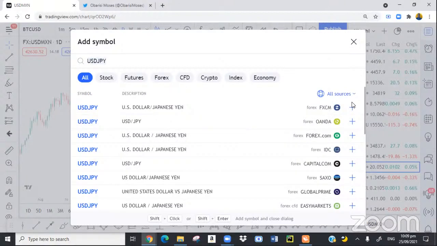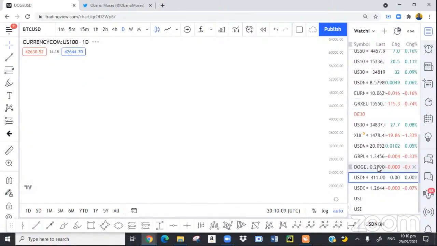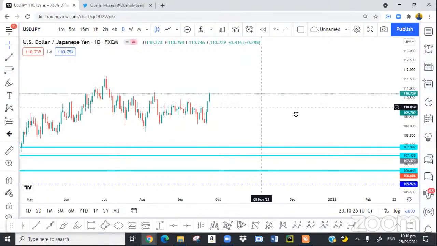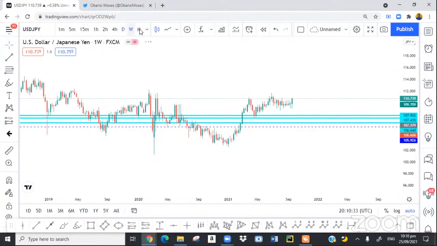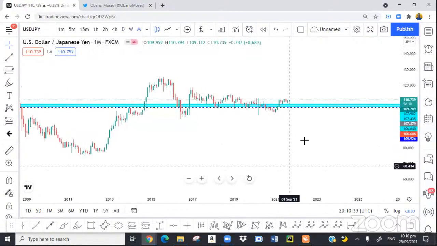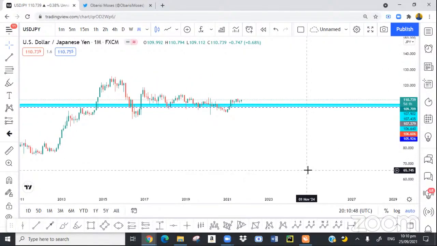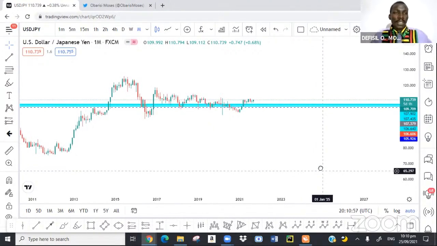It has been added. Okay, we have this USD JPY already.